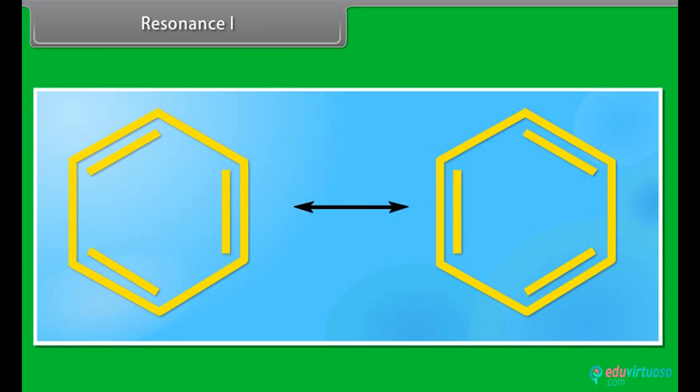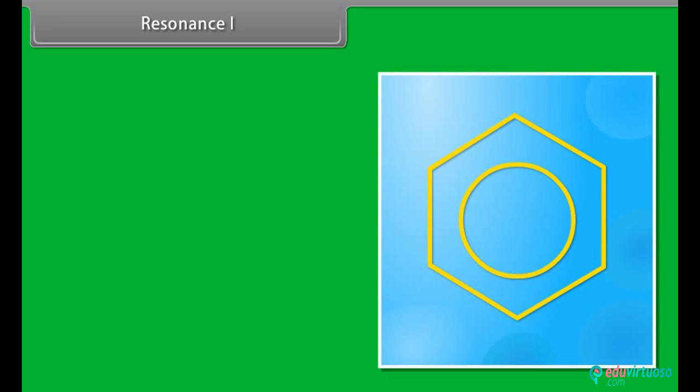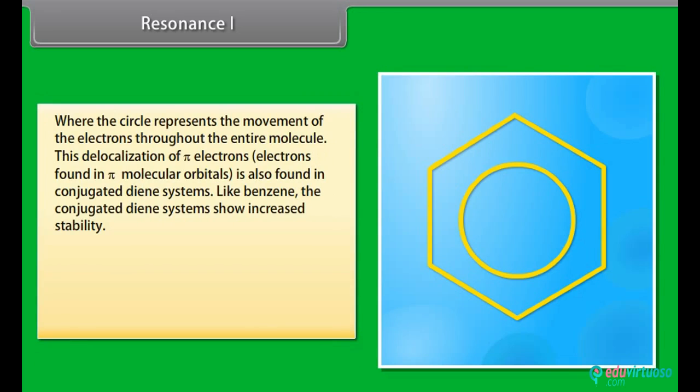The two Kekulé structures that can be drawn for the benzene molecule are actually two resonance structures. The hybrid of these structures would be drawn like this, where the circle represents the movement of the electrons throughout the entire molecule. This delocalization of pi electrons, found in pi molecular orbitals, is also found in conjugated diene systems.